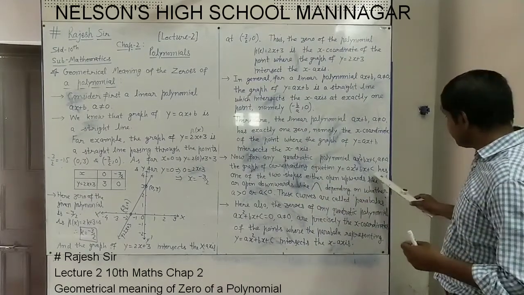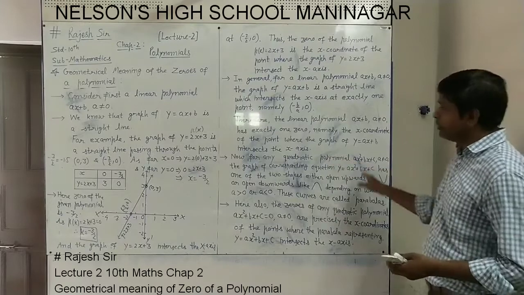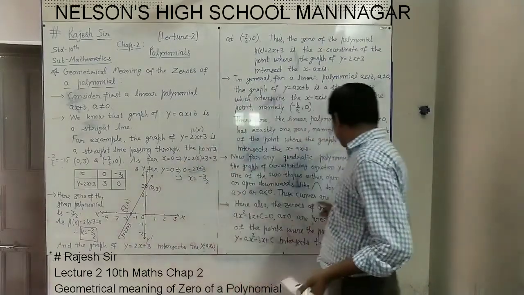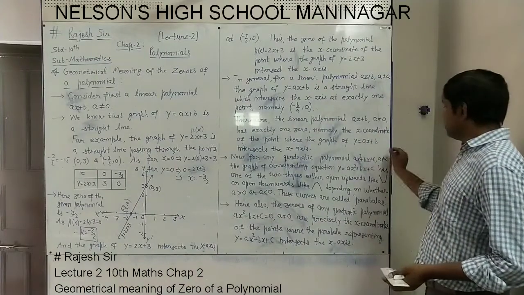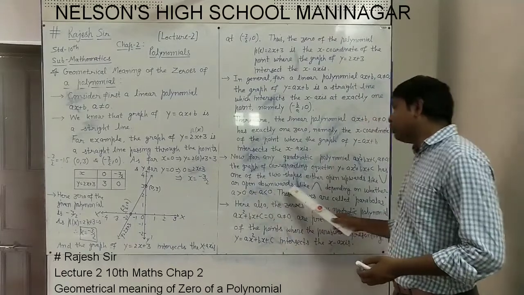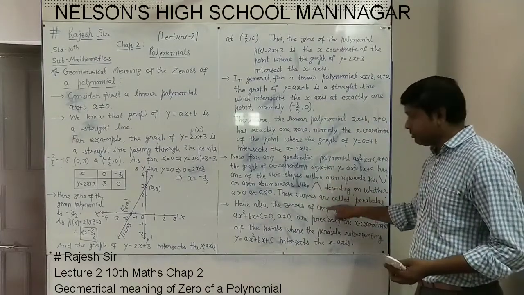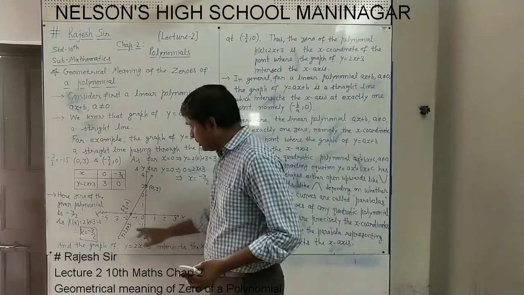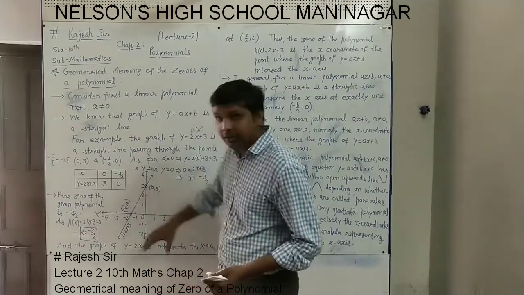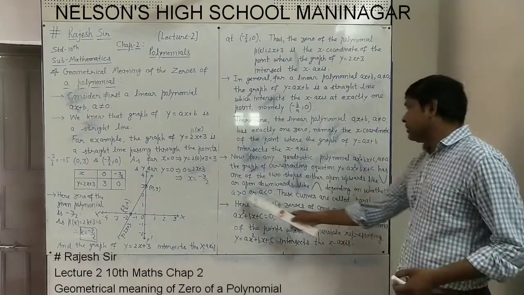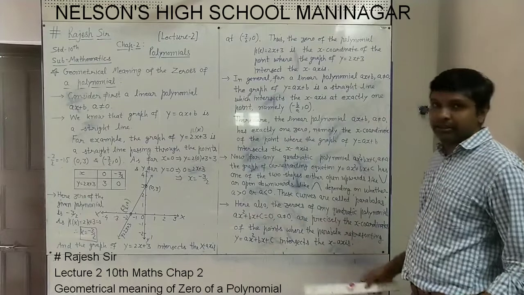Open upwards means the graph will be like this, open on the upward side, or open downwards, which means the graph may be like this. You get one of these in a quadratic polynomial, depending on whether a is greater than 0 or a is less than 0.